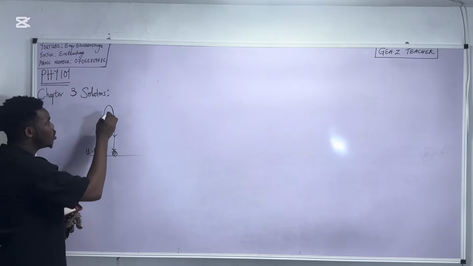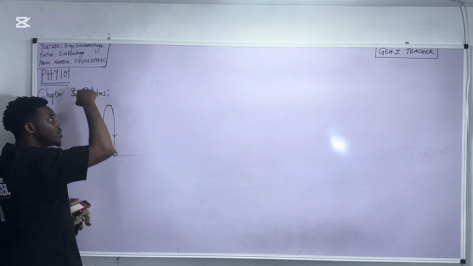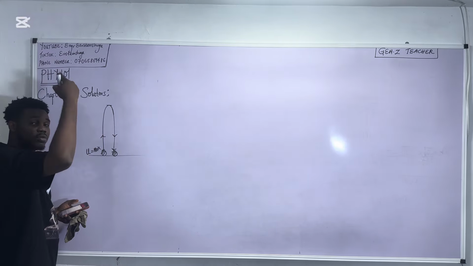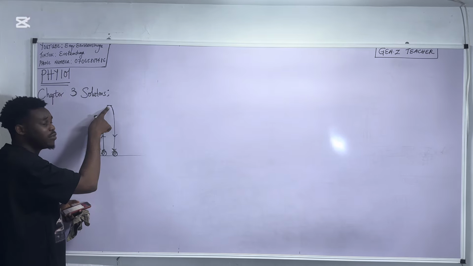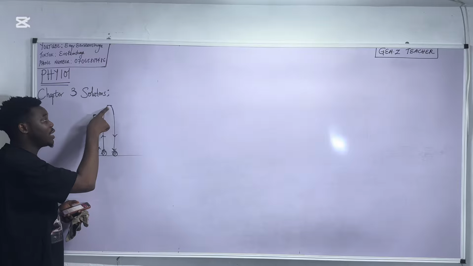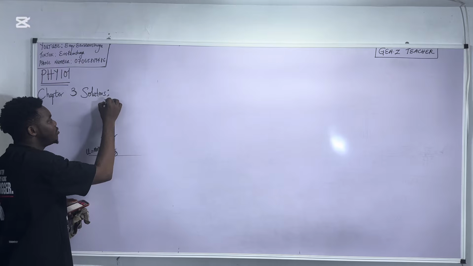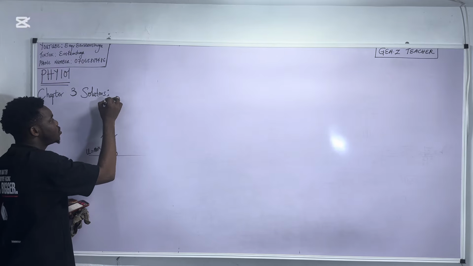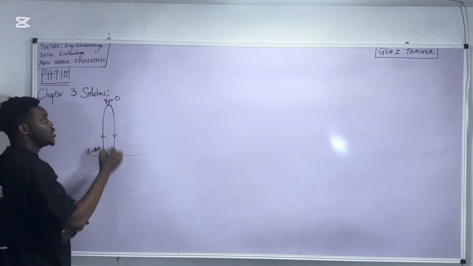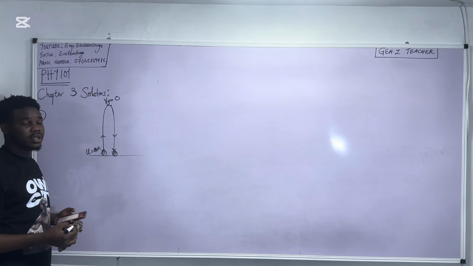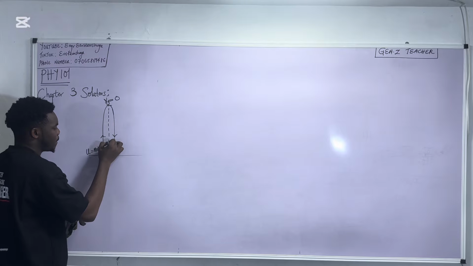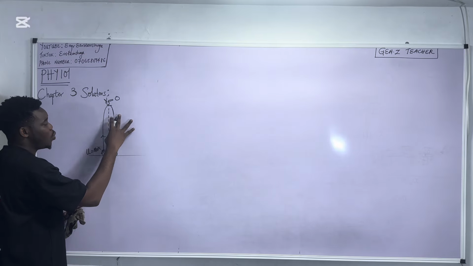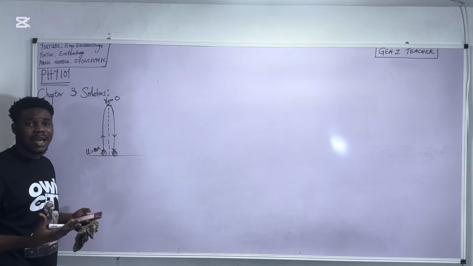Now you also know that the point where the object returns from traveling upward, we call that, in mathematics, the point of inflection, the turning point. At the turning point, the final velocity must be equal to 0. The velocity in the y must be equal to what? 0. So you can break this motion into 2 parts. What you have here and what you have here will be equal time taking.